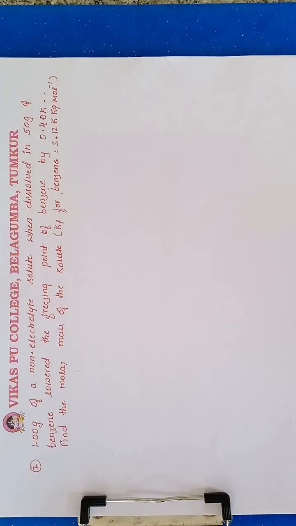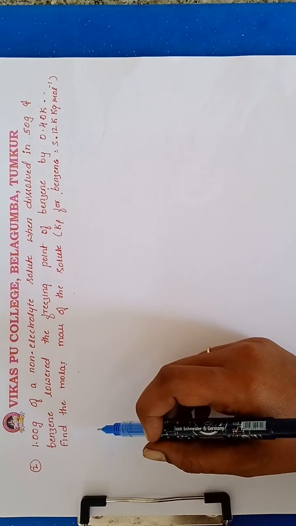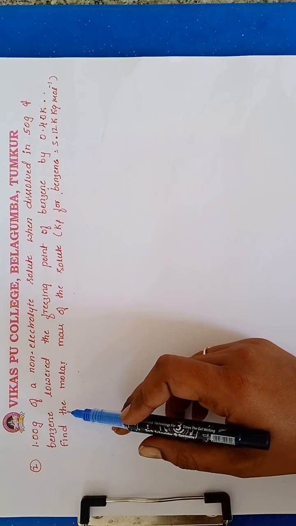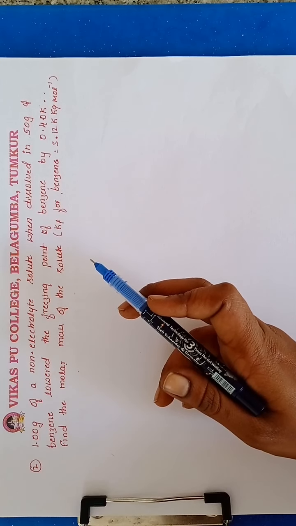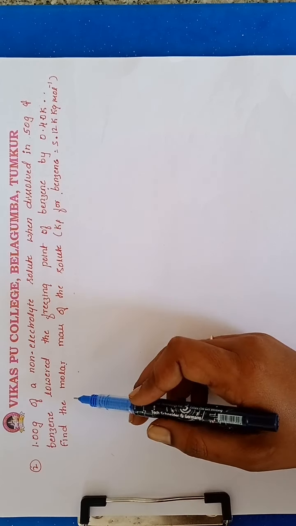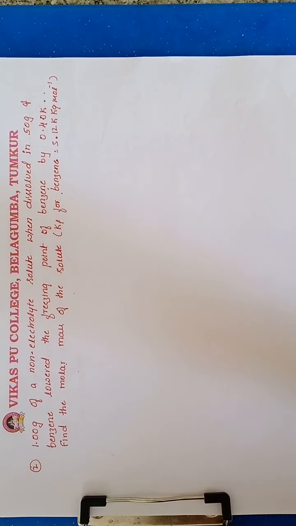Just observe this problem. 1 gram of non-electrolyte solute when dissolved in 50 gram of benzene lowers the freezing point of the benzene by 0.40 Kelvin. Find the molar mass of the solute. In this also we should calculate that M2. What are they given?